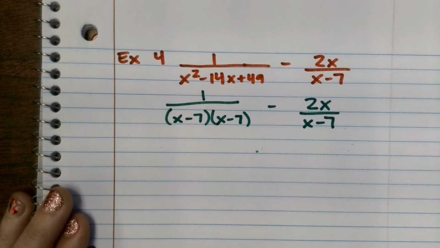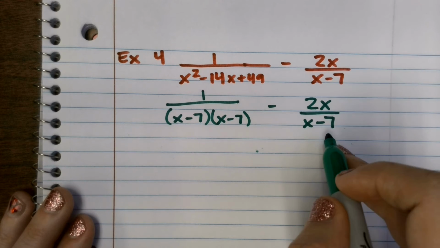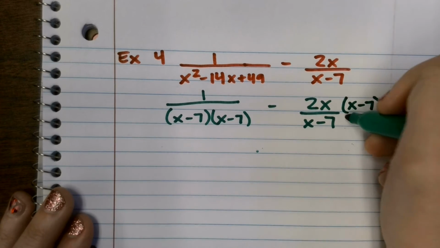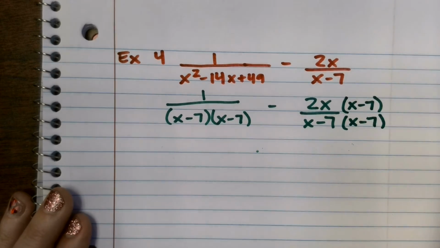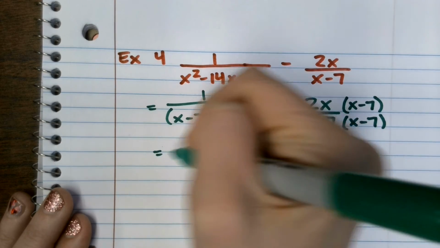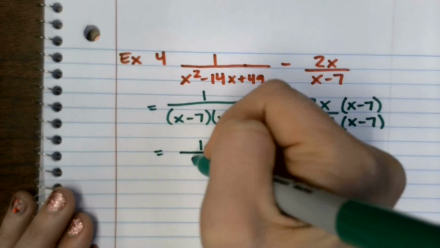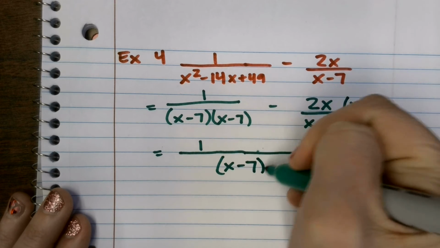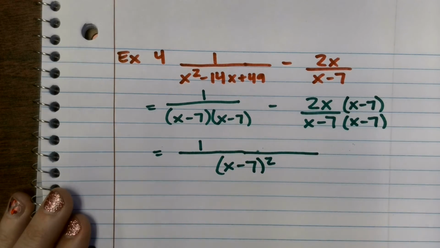So actually an x minus 7 squared, we could see it that way. That means that our second fraction is going to be missing an x minus 7. It needs 2 of them. So I'll have, I'm just going to write this as an x minus 7 squared. I feel like I like that better.